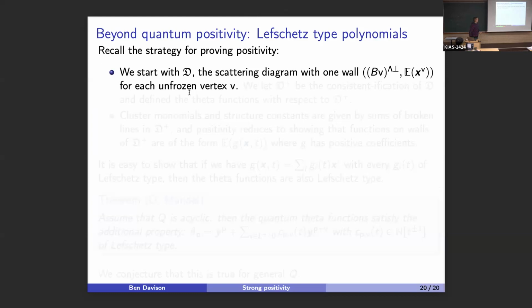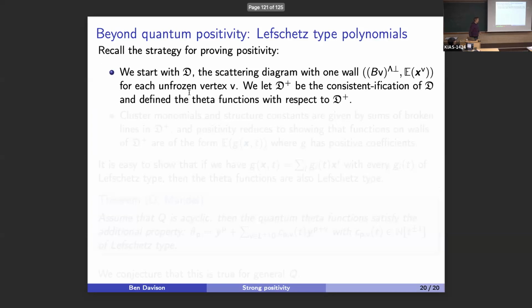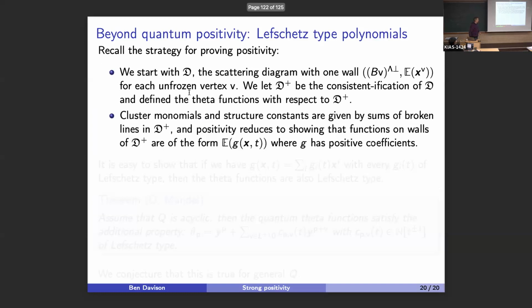So that's what the future direction is. Recall the strategy. We started with some scattering diagram, which was very simple, but then we consistentified it, not a nice English word, but there we go, which might produce a horrific scattering diagram, which we can nonetheless define theta functions with respect to. And out of that gadget, we get all of the cluster monomials and all of the structure constants.